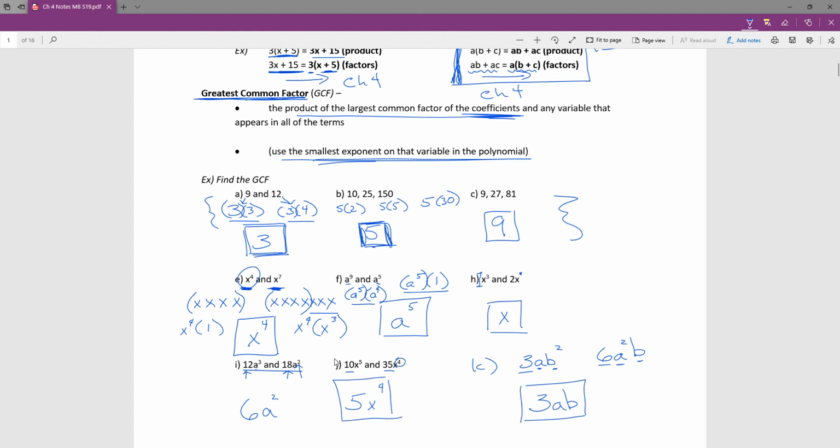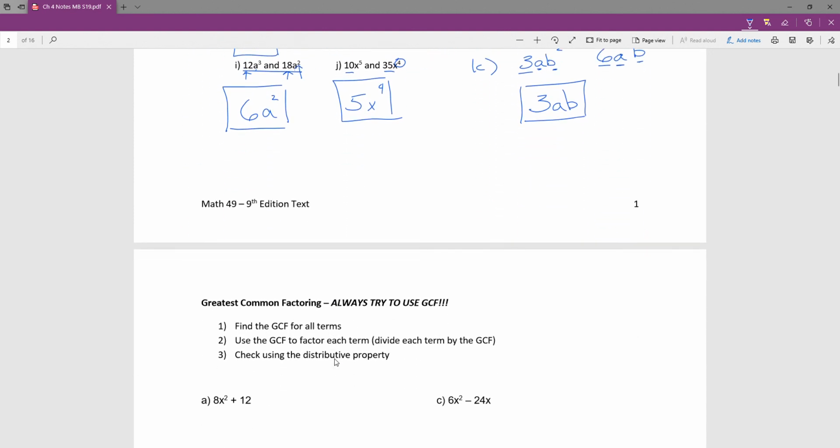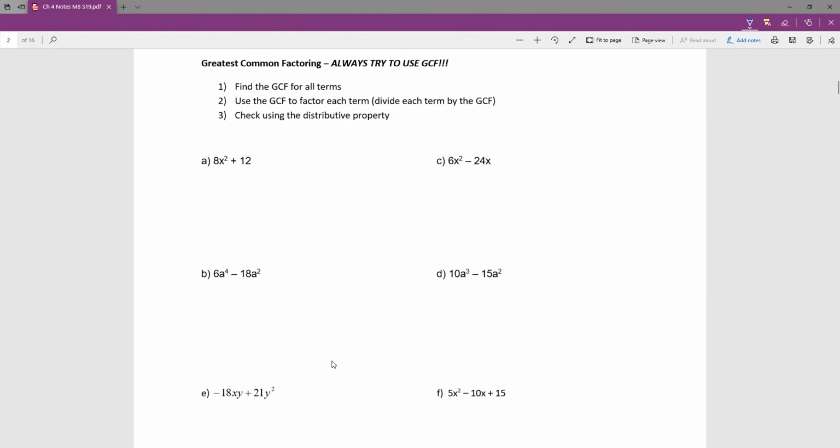This first little bit is just about identifying the greatest common factor. It's not actually about factoring. It's just about finding that greatest common factor. We're going to keep using this as a skill because it is a way of factoring things. So the first step in greatest common factoring is to find the greatest common factor for all the terms.